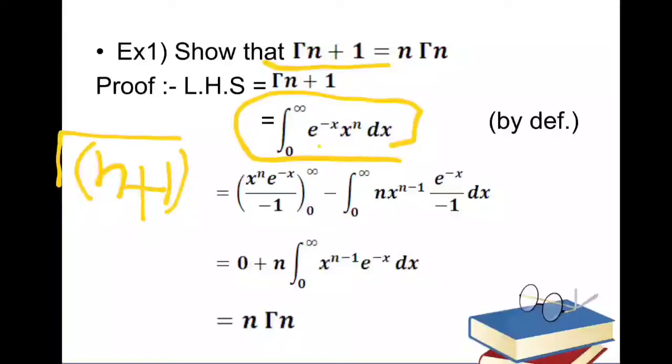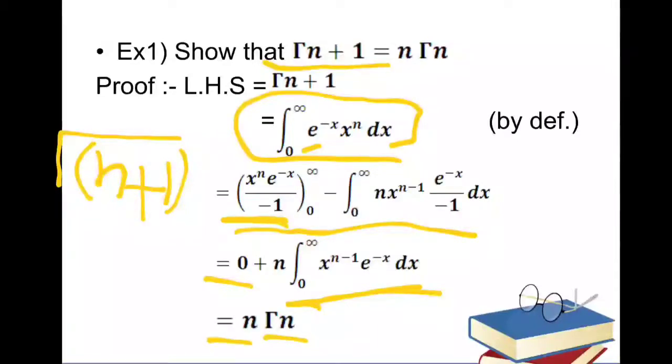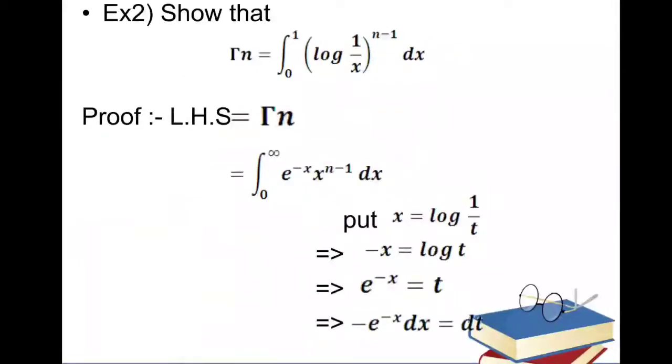Here x raised to the power n is our u, and e raised to the power minus x is v. If we apply the integration by parts formula, then in the first term, if we put upper limit minus lower limit, then it is 0, and the second integral is nothing but the definition of gamma of n. So this integral we can write as gamma of n, and hence the proof.